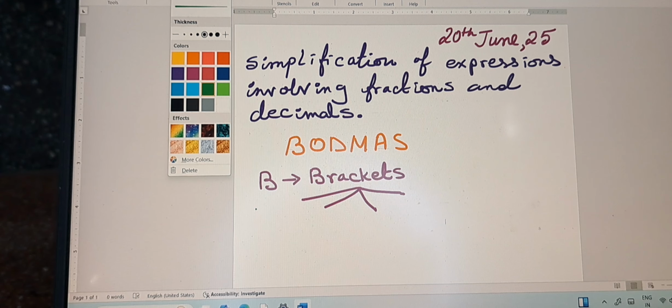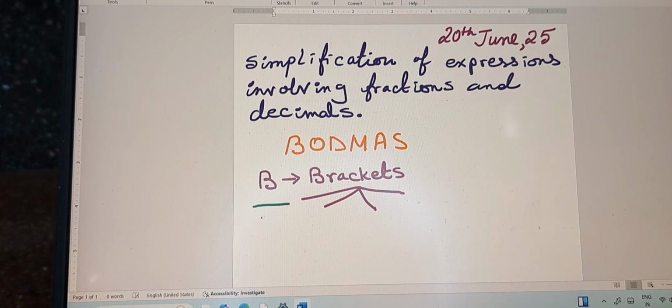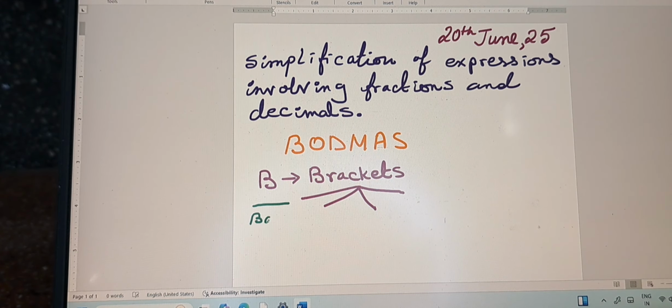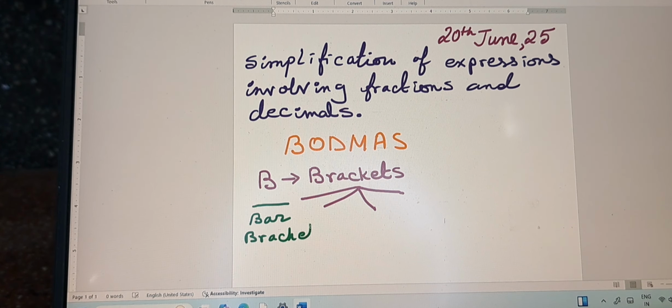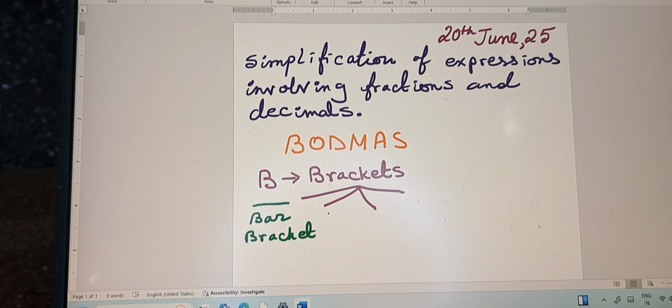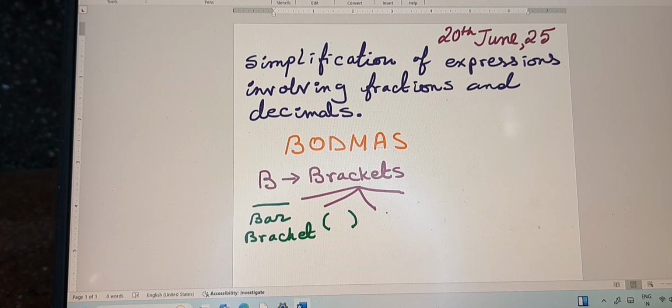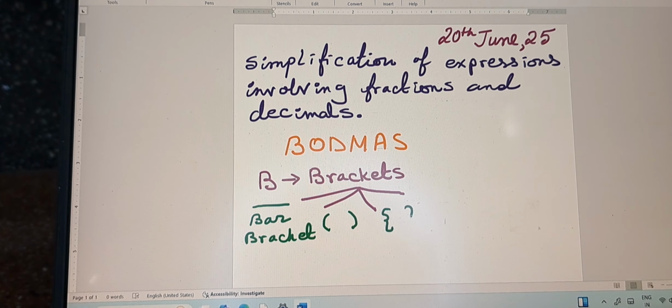The first bracket we say the bar bracket, followed by curved bracket, then curly bracket, and the last one is the box bracket.